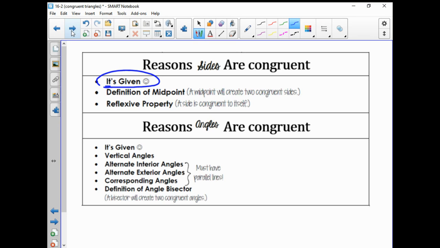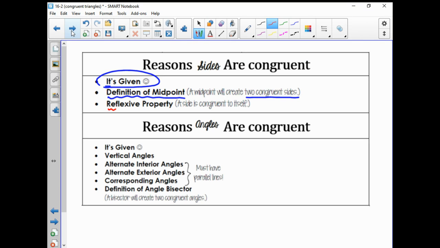But they can tell you that sides are congruent. However, sometimes they will just give you a midpoint. Now, you know that the definition of a midpoint is that 2 sides are congruent. So if they tell you midpoint, they're really telling you 2 congruent sides. Please just note that.